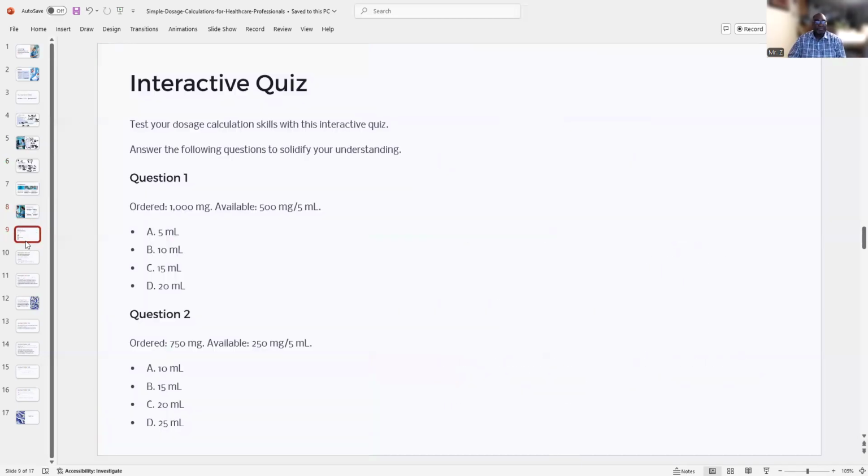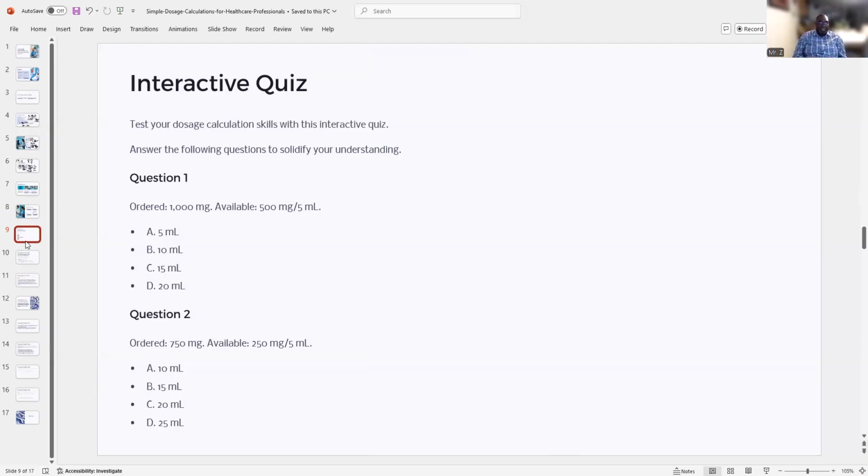Okay. All right. Let's do an interactive quiz. Question number 1. You got 30 seconds. Go ahead. The doctor ordered 1,000 milligram. The available is 500 milligram in 5 ml.